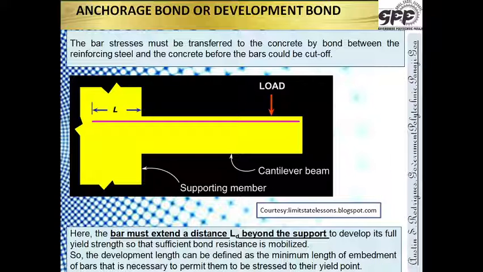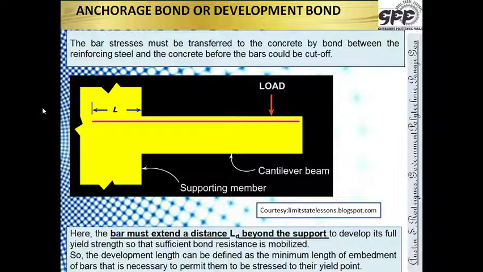This bond exists between the reinforcing steel and the concrete, and with this bond only we can transfer the pull to the supporting member. The bar must extend within the support to develop full yield strength, so that sufficient bond resistance is mobilized.